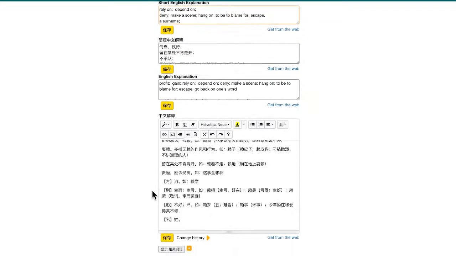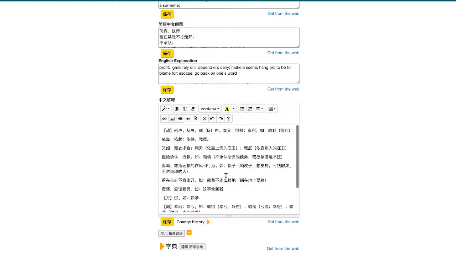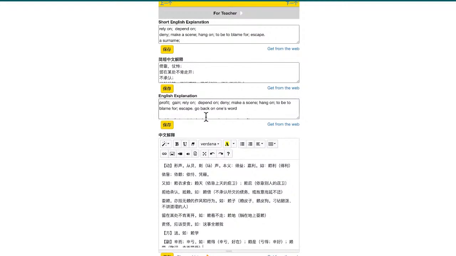So you can see that one major meaning is rely on. And the other meaning is deny. Deny, and so blame for. Okay, to blame for. Escape.